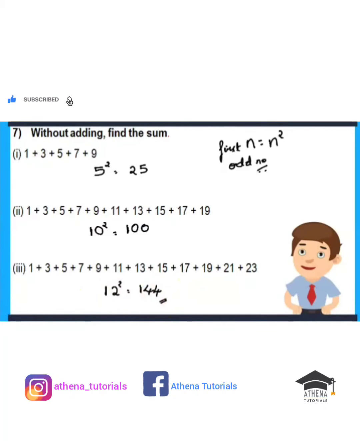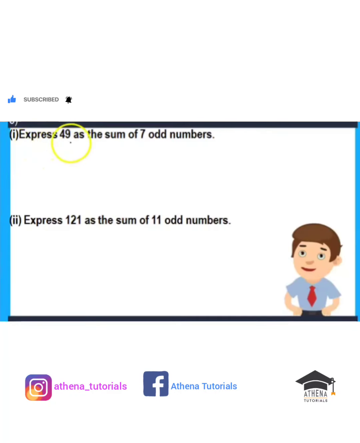Let's continue with question number 8. The question says, express 49 as the sum of 7 odd numbers, and the second part says express 121 as the sum of 11 odd numbers.